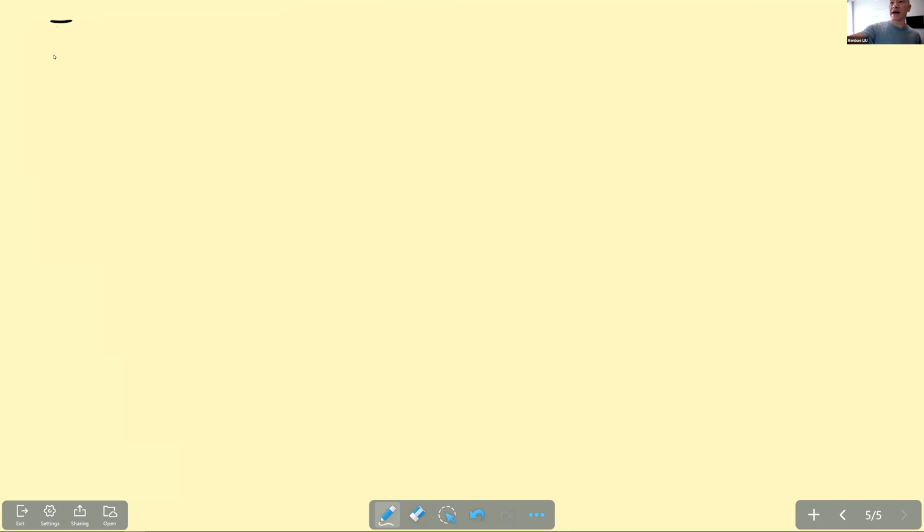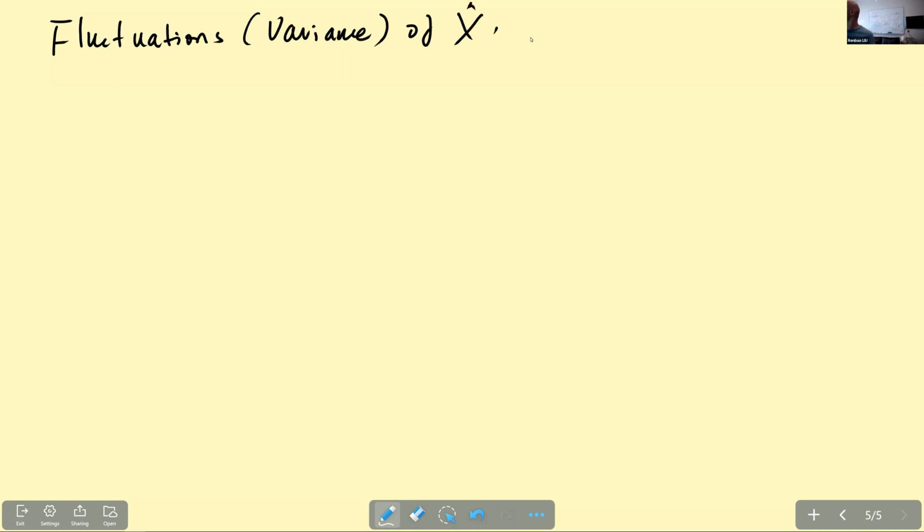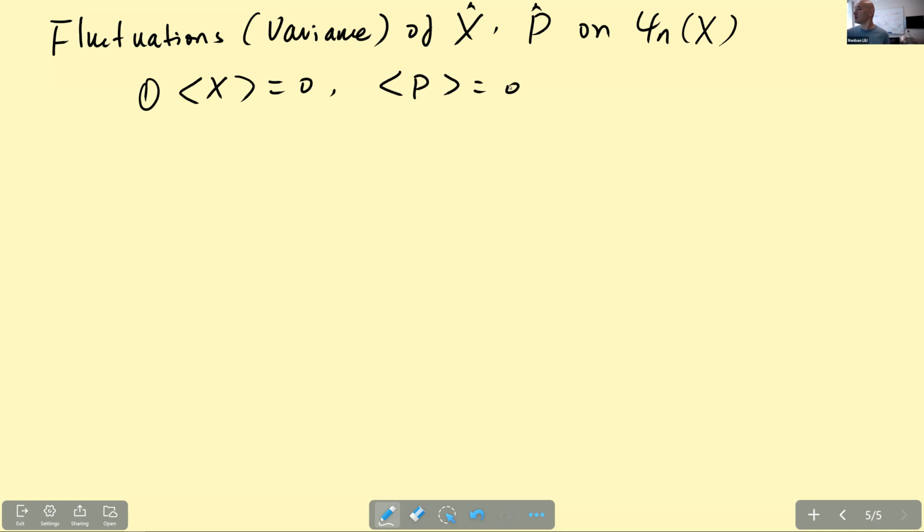We would like to study the fluctuations, or variance, of x and p of any eigenstate m. Now, first of all, we know that the average must be 0. This one comes from the symmetry, right?